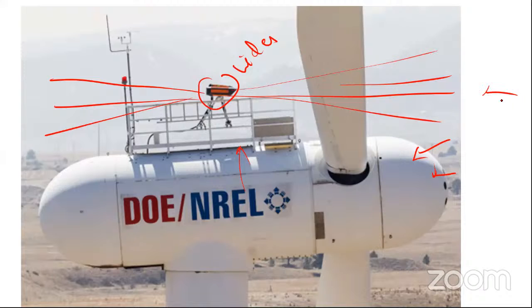When the wind is coming from this direction, it can sense up to 80-meter distance. From 80 meters away, it gives the information to the turbine. The turbine is then oriented towards the exact wind direction, so that the efficiency of the turbine can be improved.